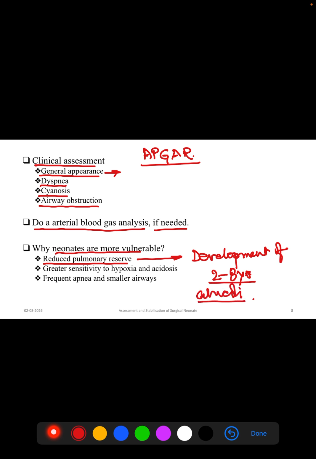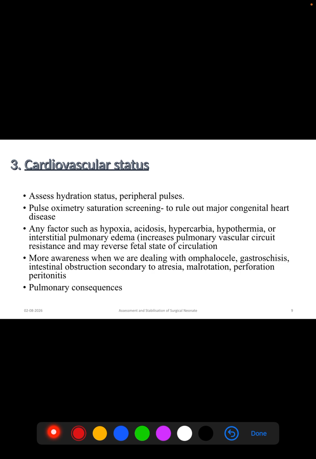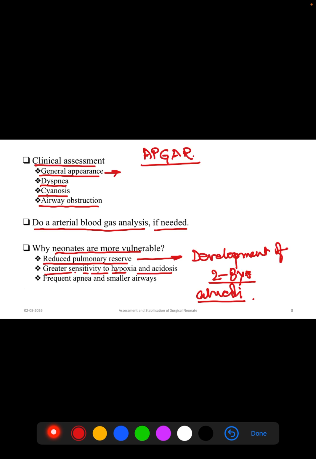There is a greater sensitivity to hypoxia, and this hypoxia, acidosis we have already discussed, and the lactic acidosis का जो vicious cycle होगा, it will cause harm in your pulmonary circulation also. It will open the duct, the PDA, and the baby will be in the fetal state of circulation. So there will be frequent apneas, and then there are smaller airways.